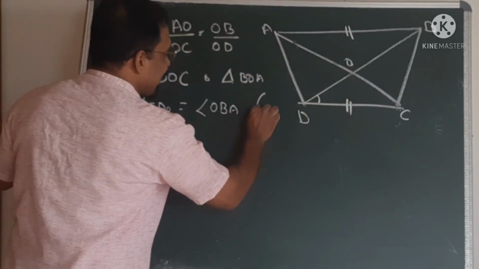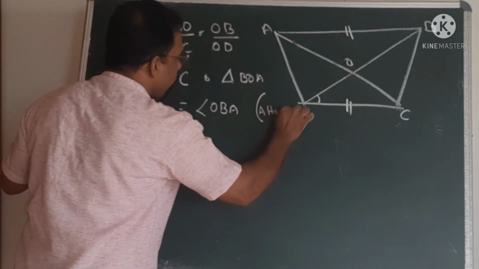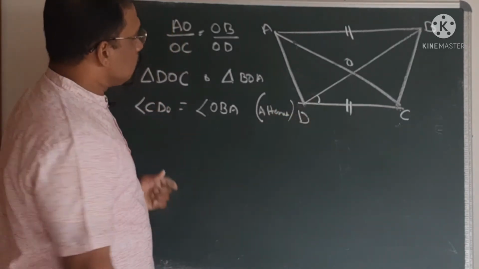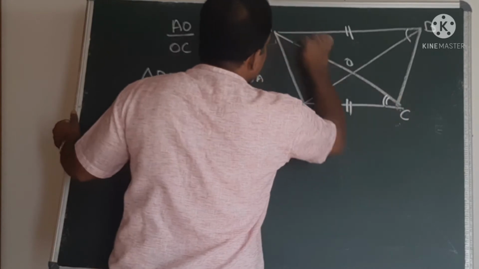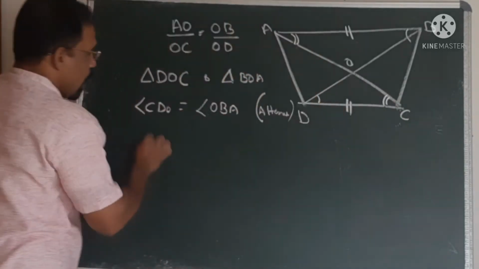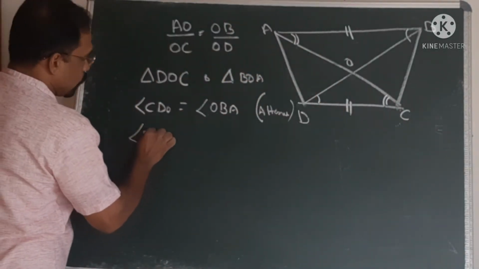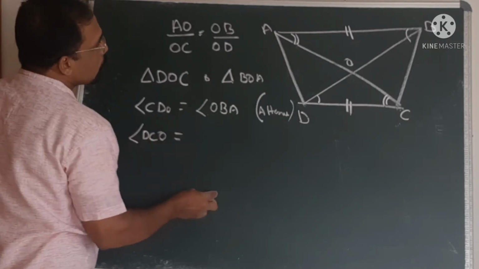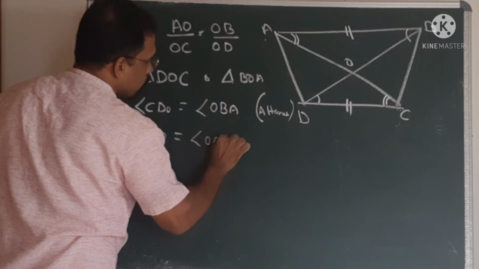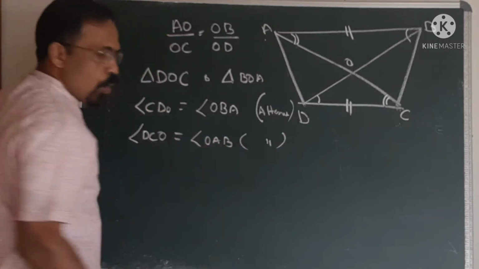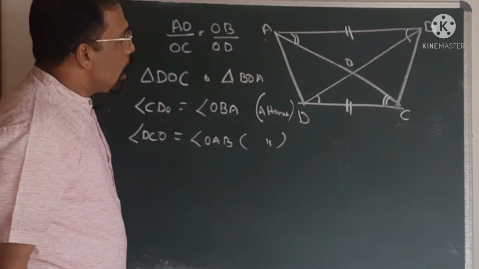So alternate angles are equal. And now you consider this angle and this angle. Angle DCO is equal to angle OAB. What is the reason? Same reason. Alternate angles are equal.